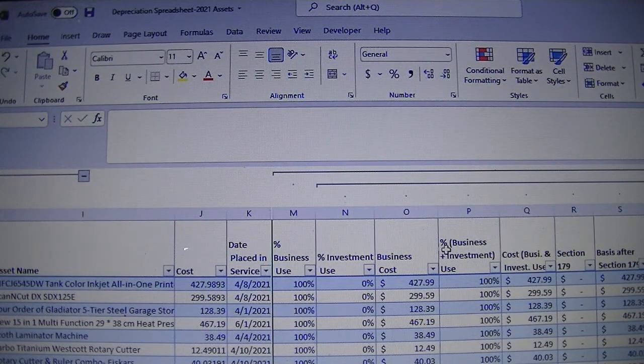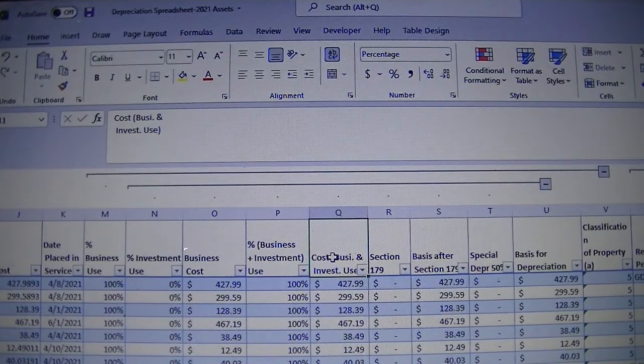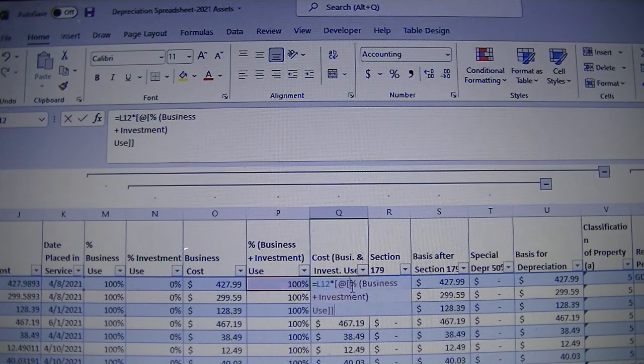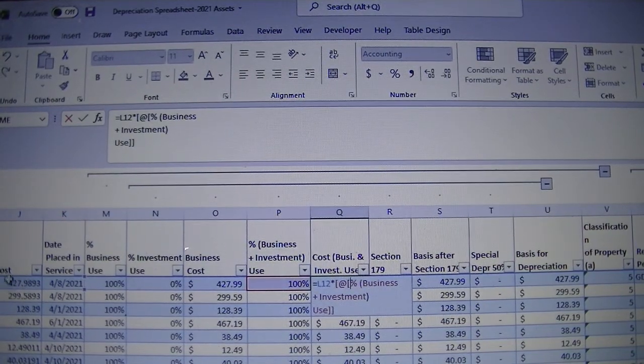So the percentage of business and investment use will be 100%, which is just the total of business use and investment use percentage. So the cost of business and investment use is going to be pretty much the percentage of business and investment use times the cost of the item.